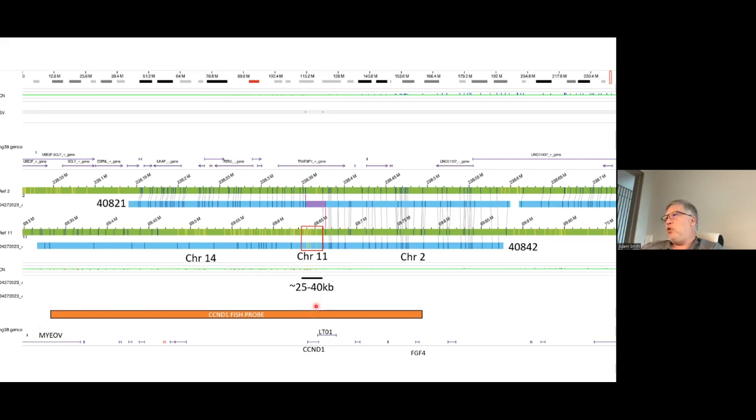For very small displacements of the probe, anything usually below about 40 kb is very difficult to see by FISH. It's just too small, basically. So this is a cryptic insertion of CCND1 into chromosome 14. I thought that was really interesting.